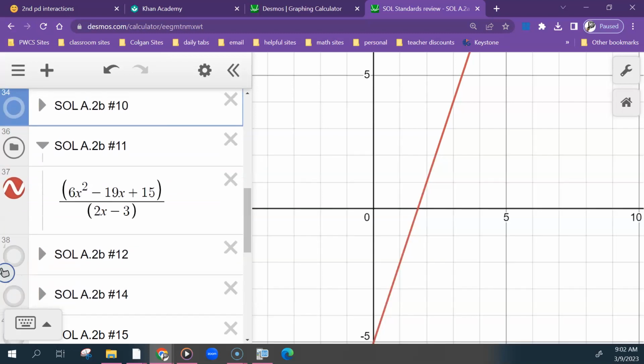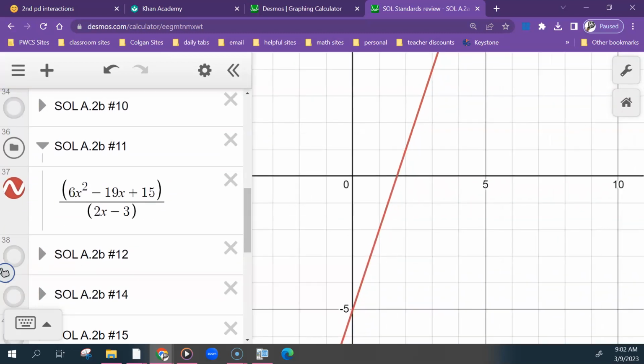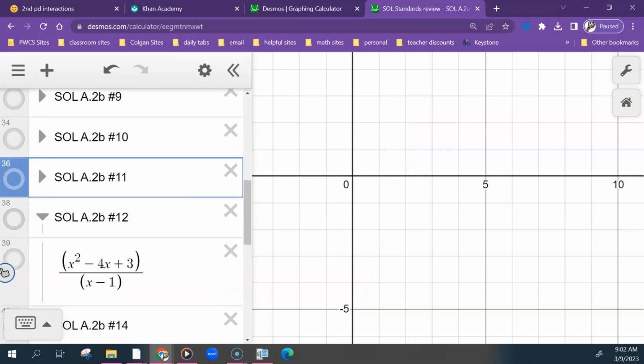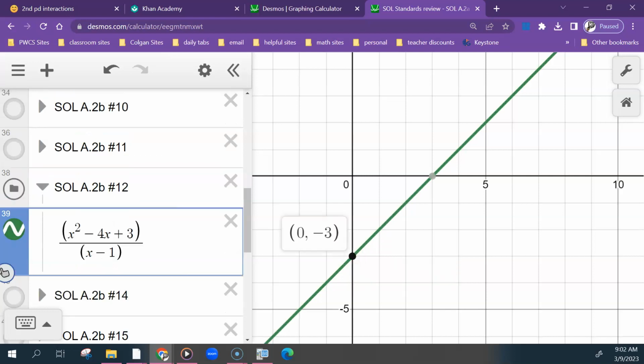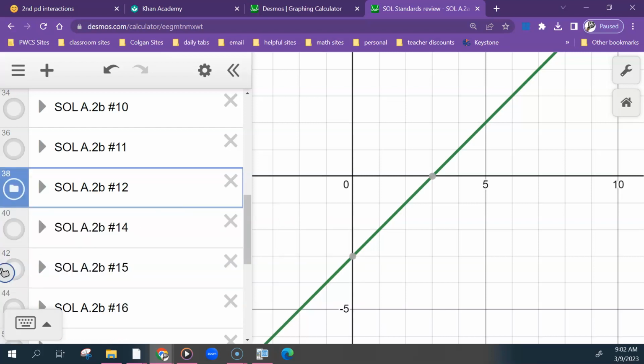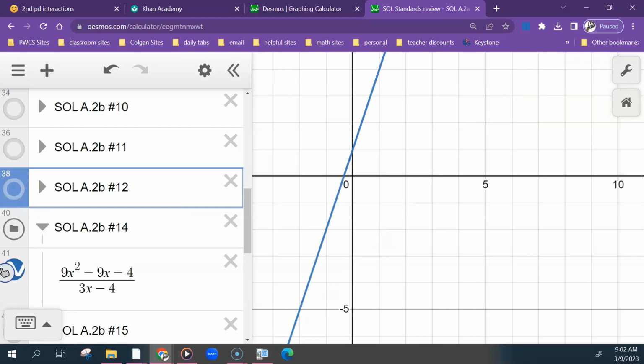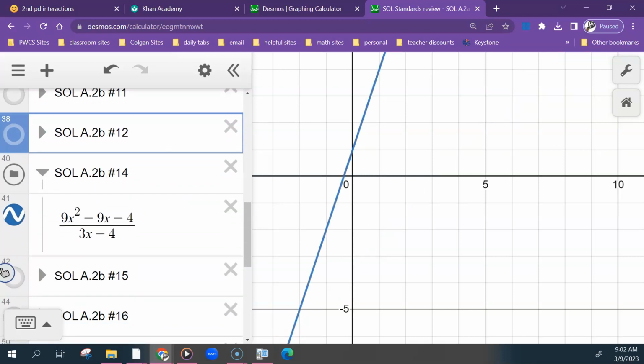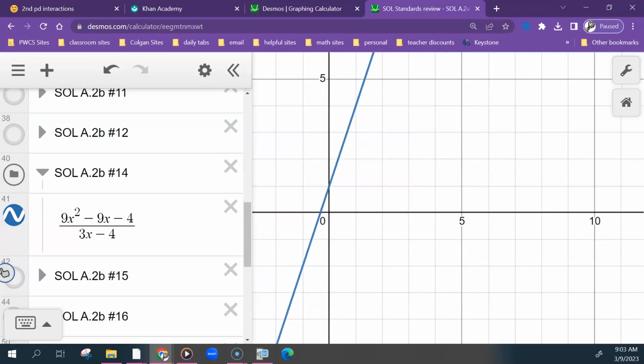Number 11, y-intercept is at -5, slope is 3, so 3x minus 5. Number 12, y-intercept is at -3, slope is 1, so x minus 3. Number 14, y-intercept is at 1, slope is 3, so 3x plus 1.